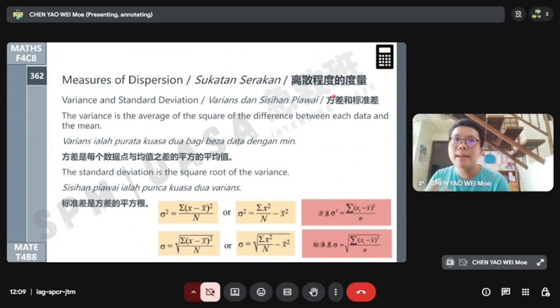We already found the average, so we can use the formula to find the variance. Remember, variance has a square, but for standard deviation, it is the square root of the variance. We can use this one or this one. SD also uses this one or this one. I prefer this one because it's very short and sweet.